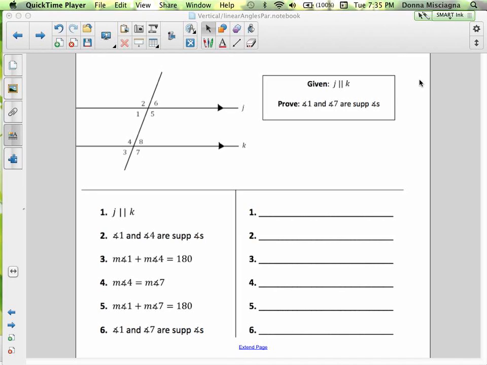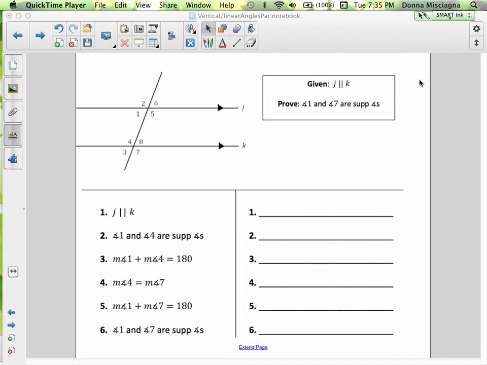The beginning of a proof is generally given information. The end of a proof is always what you're asked to prove. And in between those, you are making statements that you can connect to each other based on definitions, theorems, postulates, rules for geometry, rules for mathematics.